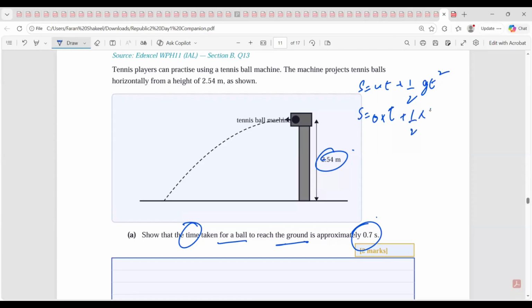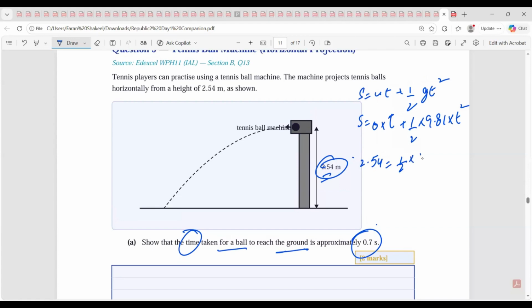Gravity downwards is 9.81. The distance the projectile covers is 2.54. So 2.54 equals half times 9.81 times t squared, and t squared comes out to be 2 times 2.54 divided by 9.81.